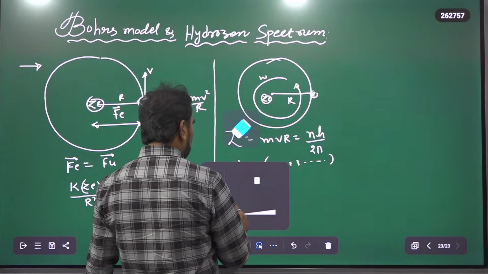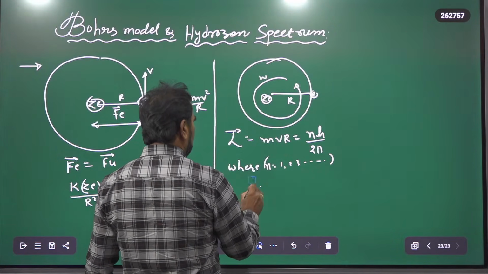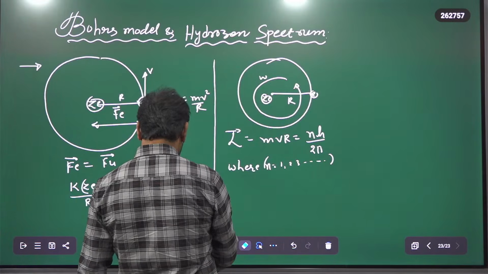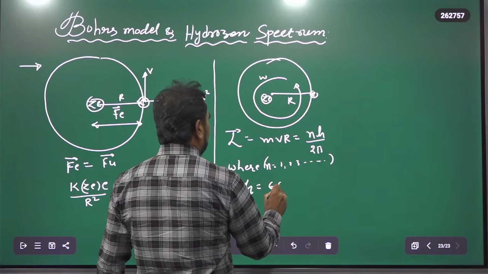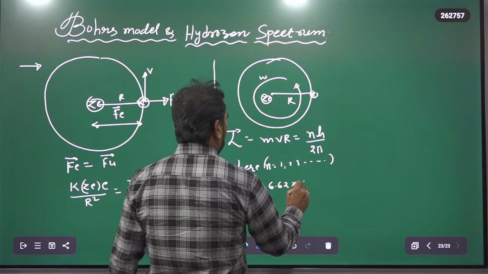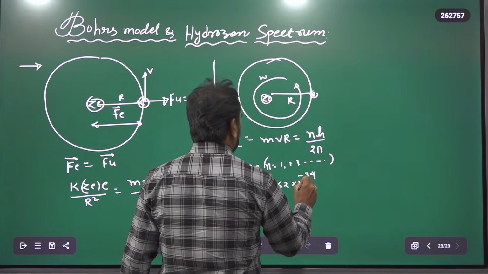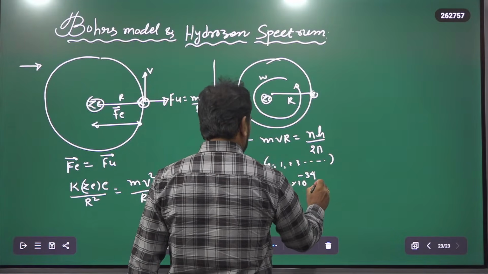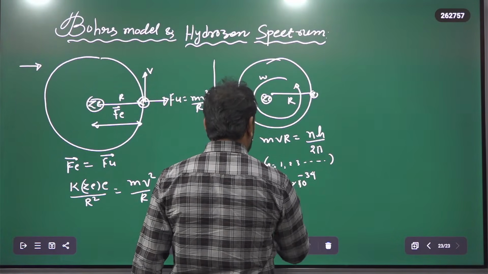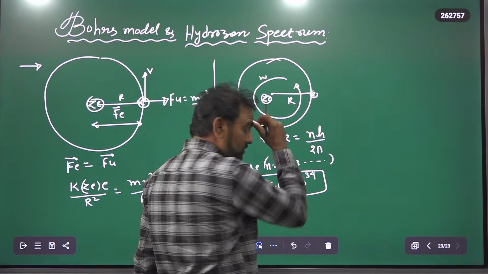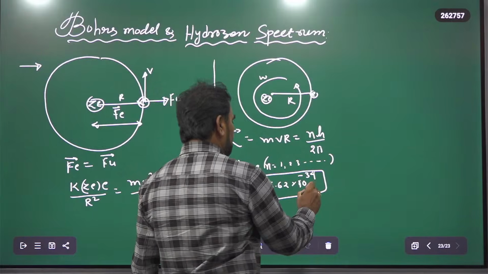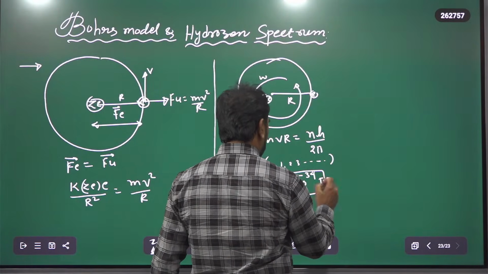What is the value of h? h is Planck's constant, with a value of 6.62 into 10 to the power of minus 34 joule second. This is the value of h.